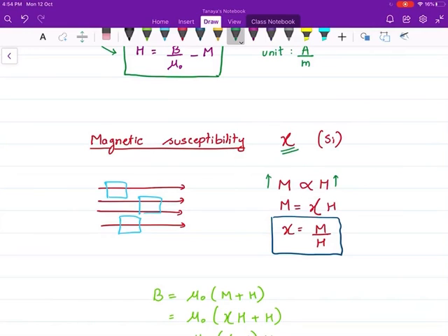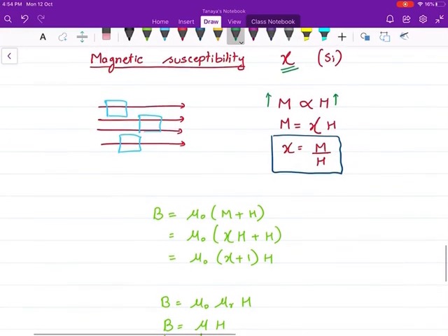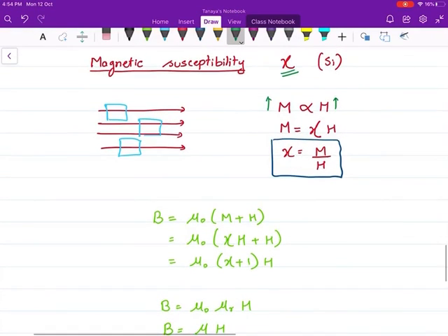So M is proportional to H, and I can replace that proportionality sign by psi. What is psi? The magnetic susceptibility. So psi is equal to M upon H.